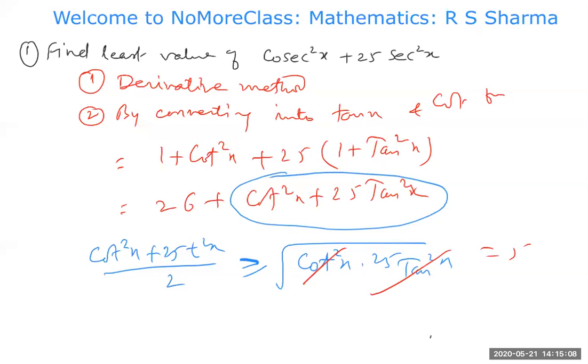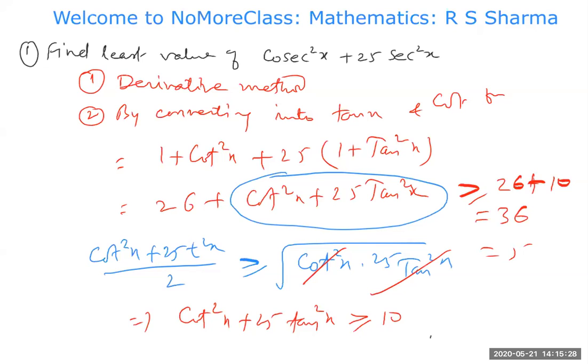This is equal to 5. So this gives that cot square x plus 25 tan square x is more than 10. So this will always be greater than 26 plus 10, which is equal to 36.